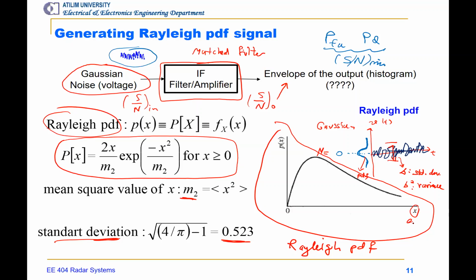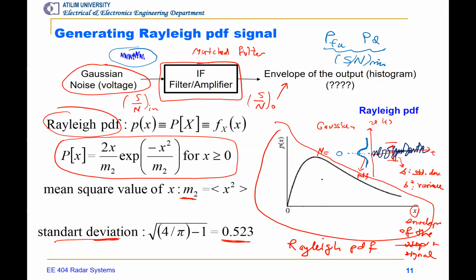So this is the envelope of the output signal. It starts from 0, makes a peak in here. The distribution, not the signal itself. Okay, be careful. That's the distribution of the envelope of the output signal.